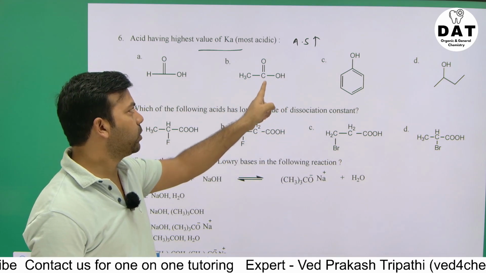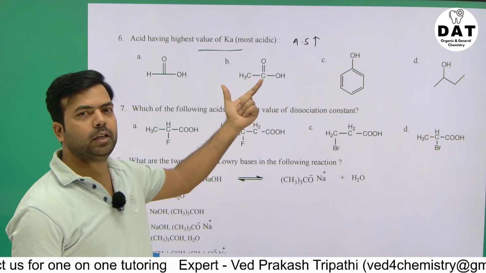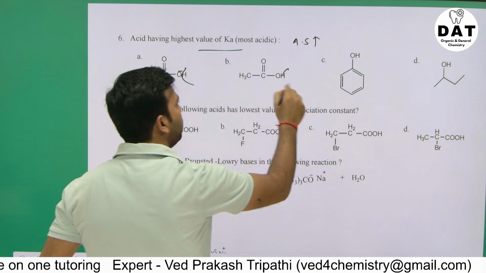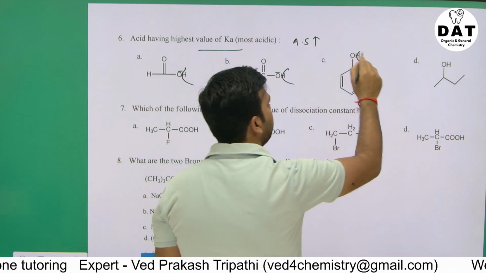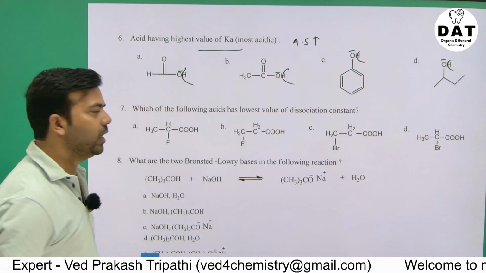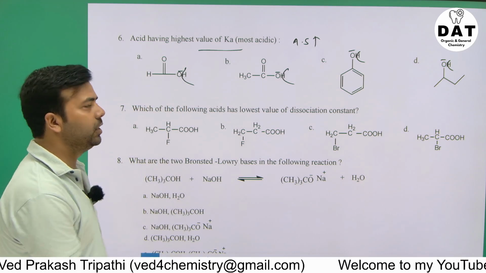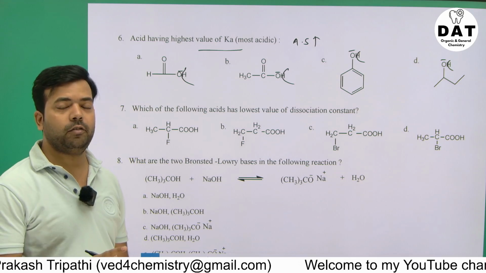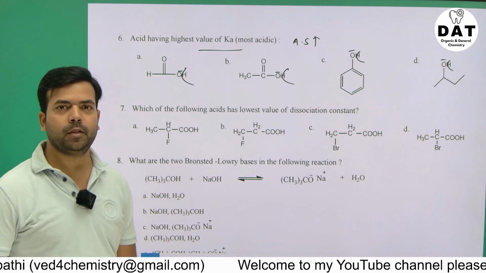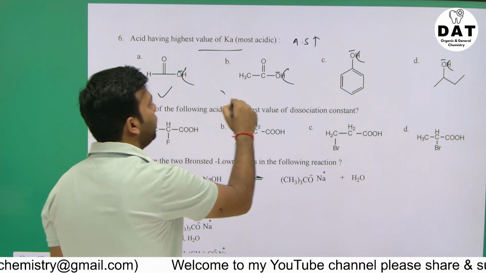The oxygen of the carboxylic acid and the oxygen of this benzene one. This one is the more stable conjugate base. Okay, let's remove the hydrogen, negative, and here negative. So if you apply CARDIO, C for charge is not the deciding factor here. A for atom is also not a deciding factor because every atom here is oxygen. Next, resonance.